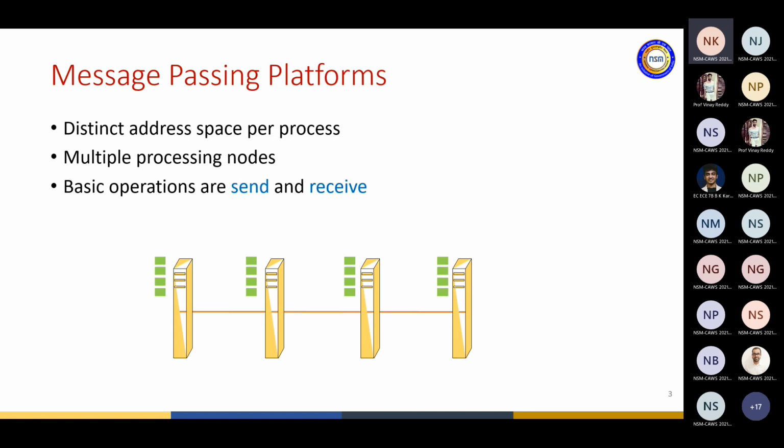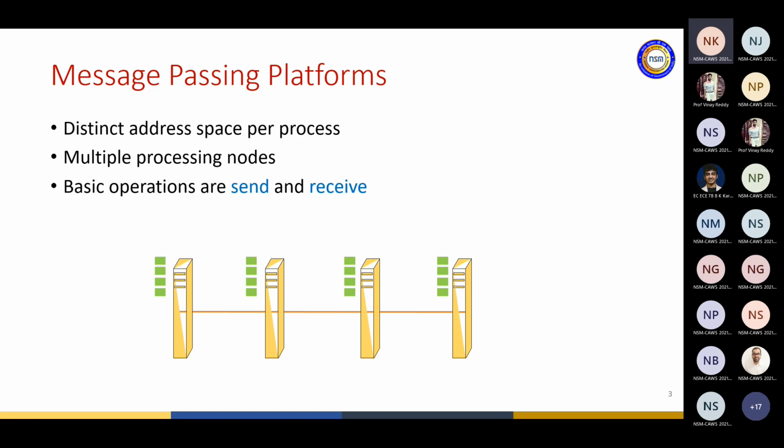The other kind of parallel computing platform is message passing, because here we have different nodes. These are different computer nodes. You can even think of it as two or three different laptops. You just need a wire to connect the laptops, and you will build your own mini cluster.